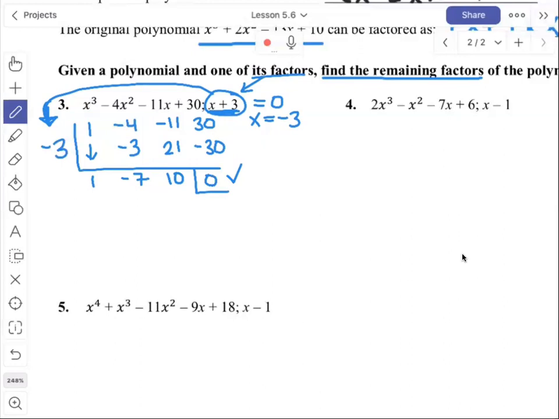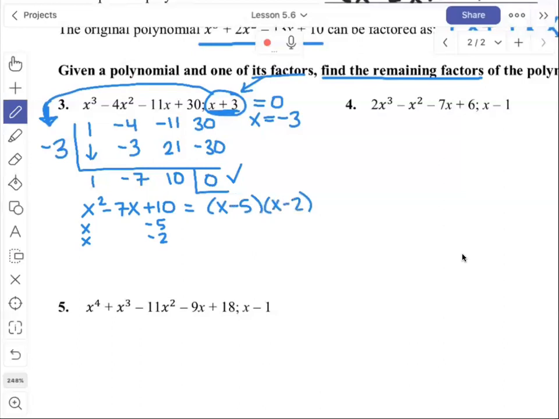All right, so now this is my depressed polynomial, which I can factor. So this is x and x, -5 and -2. So this is going to be x minus 5 times x minus 2.